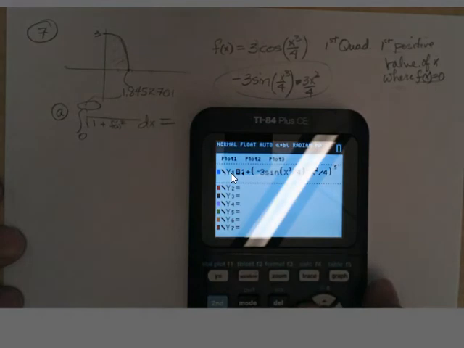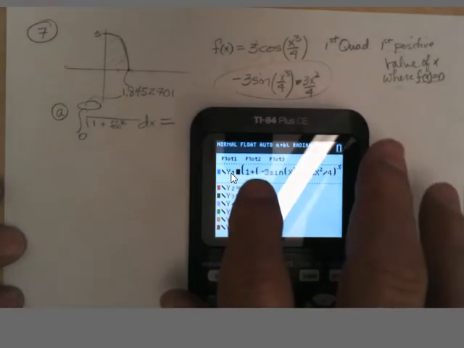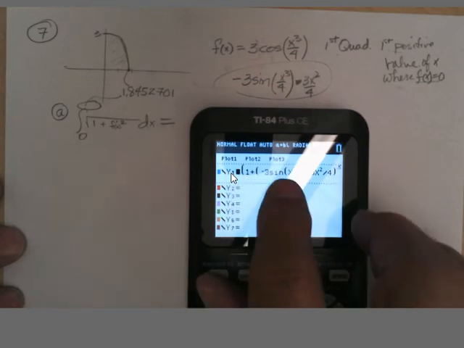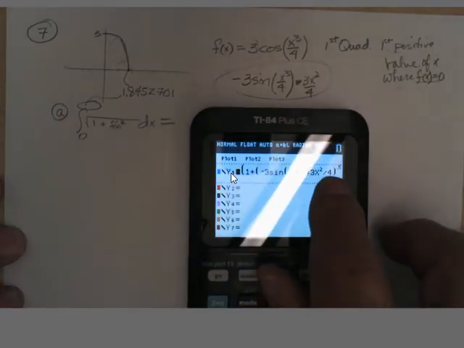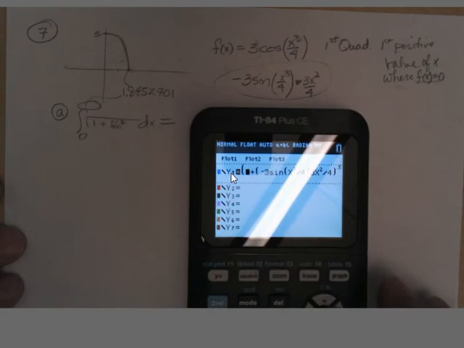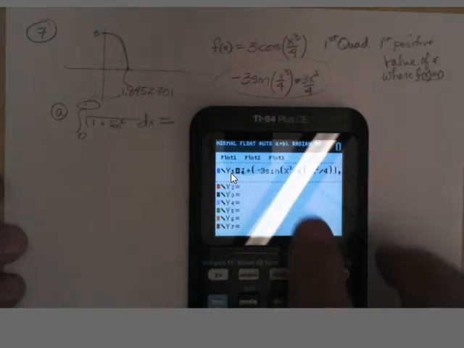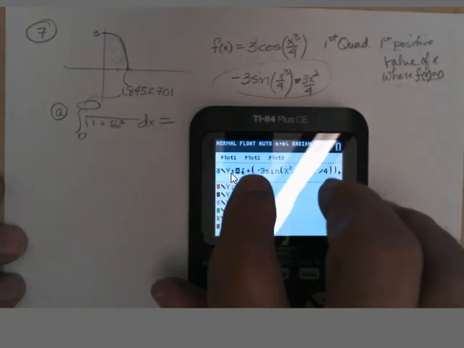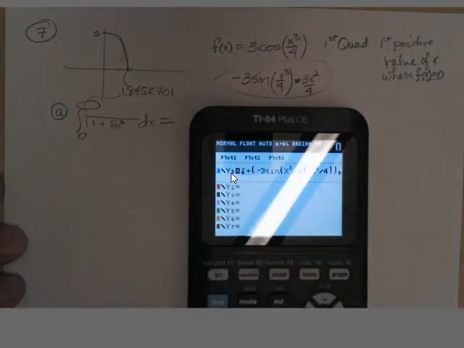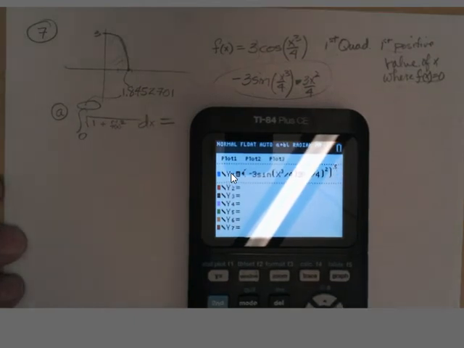Okay, let's get this straight here. 1 plus, there's 1, 2, 3 openings. 1, 2, squared it, and then open. So I got to go to here, and second insert another parenthesis. So that parenthesis goes to there, and that's the derivative. That's got to be squared, and then take the square root of all of that. There we go. I finally got it all in there, I believe.